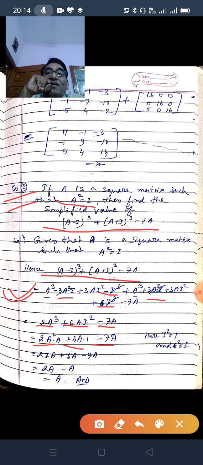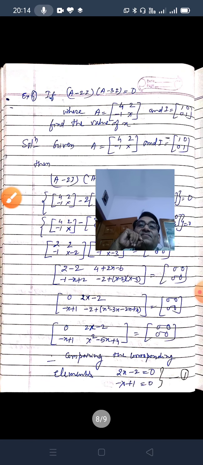And now A square, it is given A square is I. So you put here I also: 2I into A plus 6A minus 7IA, and 2IA, that is 2A, 2A plus 6A minus 7A. So see here, it is 2A plus 6A minus 7A, that is minus A. So your answer is A. Its value is A.